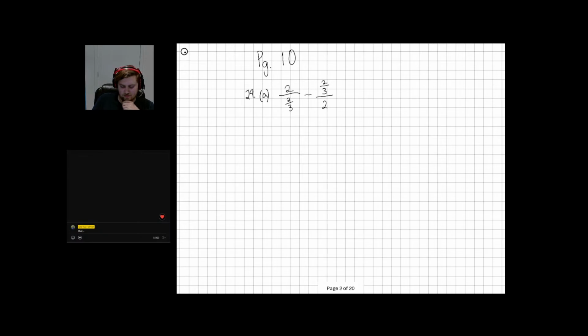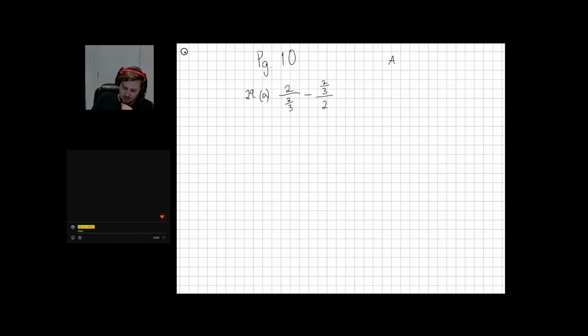Let's do some little fraction stuff here. So if we've got 2 divided by 2 over 3 minus 2 over 3 divided by 2, well, we want to use our fraction rules. So if we have a fraction over a fraction, then we can just multiply and flip, right?